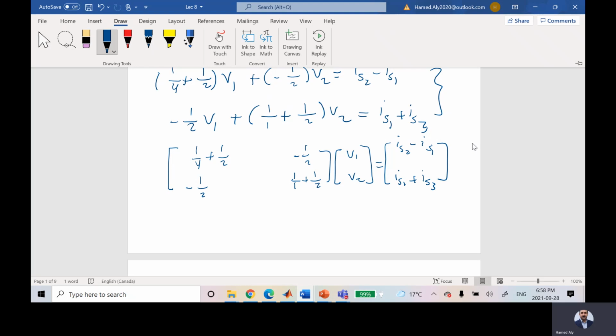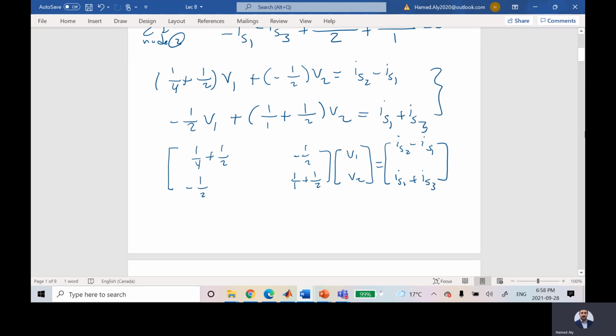Okay. In electric circuits we call this matrix the conductance matrix.